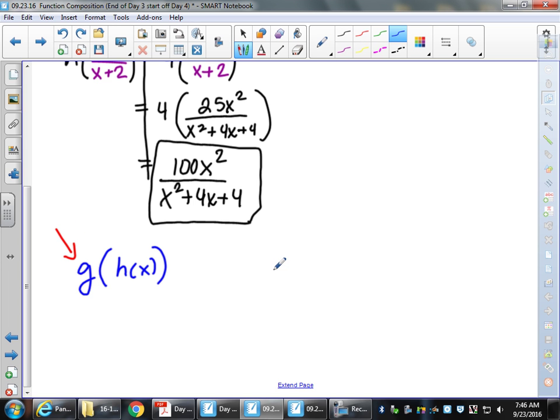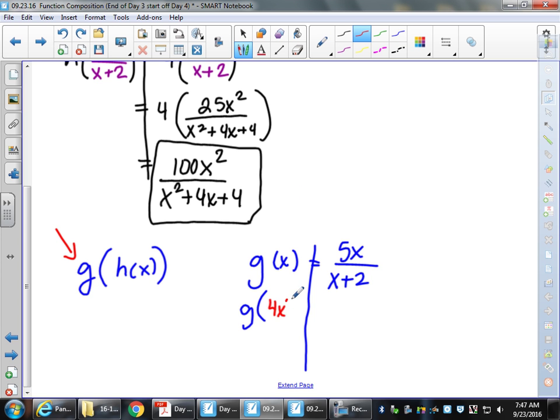So what does g of x say? 5x divided by x plus 2. Good. And now what's my input? Can we try taking it from there on your own? Try.